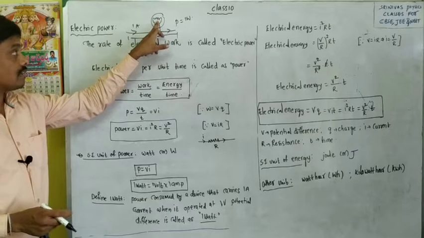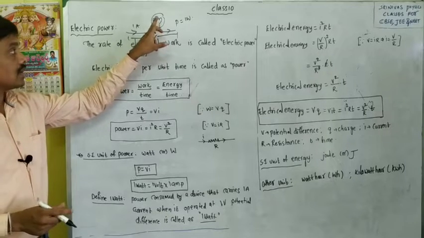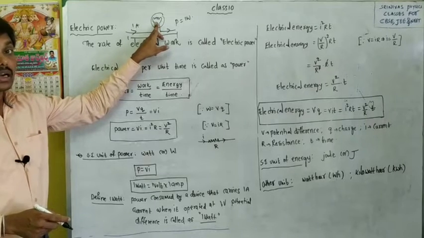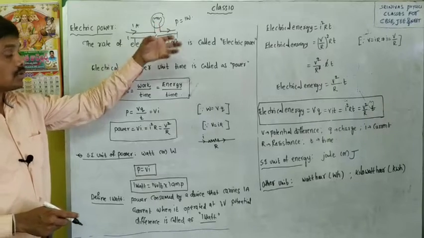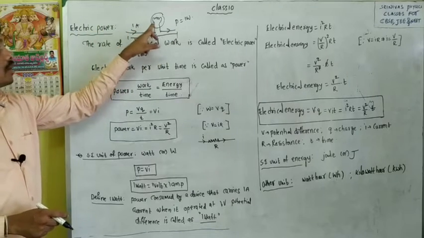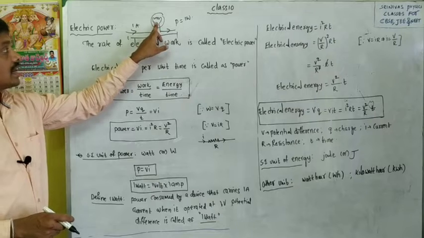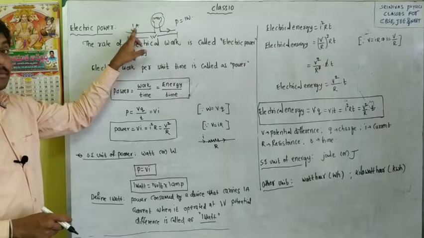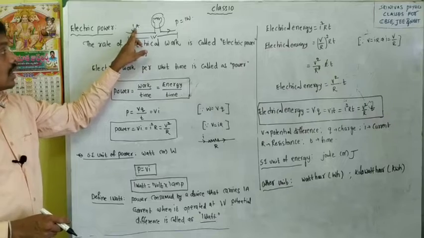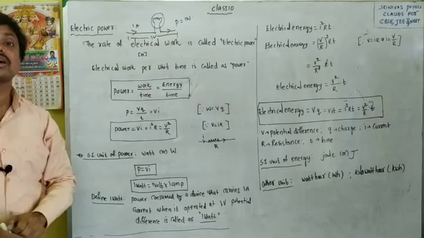Okay, for example, here we have the electrical bulb. It extracts the electrical energy from the battery and converts it into heat and light energy. That means now it is utilizing the energy, means it is utilizing the power. The power consumed by a device when 1 ampere current passes through it under the potential difference 1 volt.